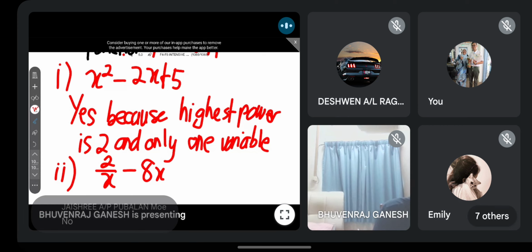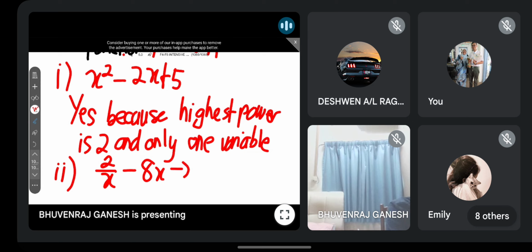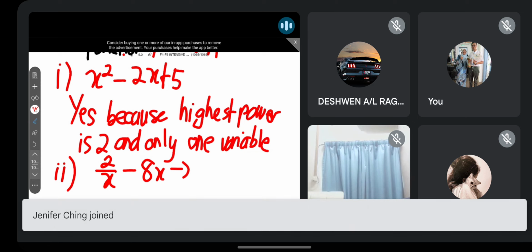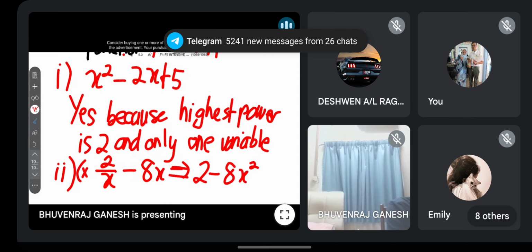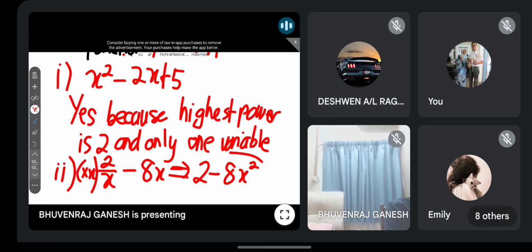See carefully, guys. You must remember, this one, I can write it in another format if I want. Okay, saya boleh tulis dalam format yang lain. This is actually the same as this. Okay, because if I multiply this whole equation by x, I will get this one. So now you all think back and see, is this quadratic or not? Adakah ni quadratic?